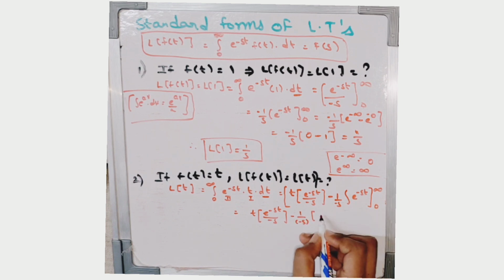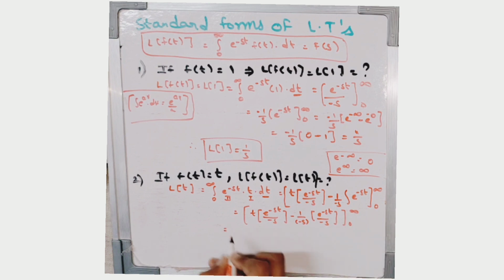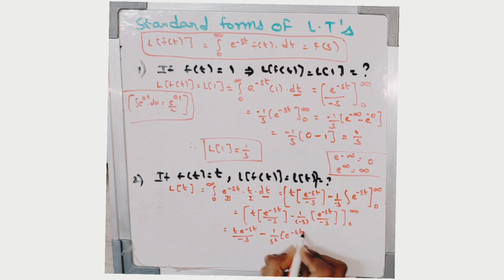The integral of e power minus st is e power minus st by minus s, from 0 to infinity, which is equal to, this will become t e power minus st by minus s, and minus s into minus s is s square, so 1 by s square into e power minus st, and limits are from 0 to infinity.